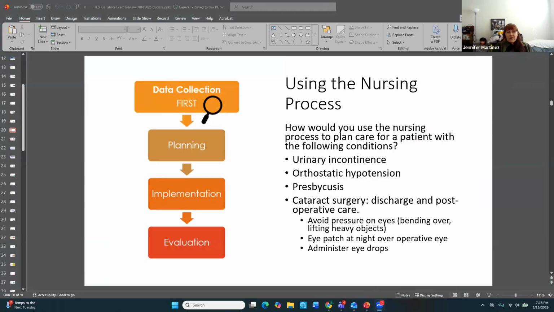So using the nursing process, right? Again, ADPIE, how would you use the nursing process to care for a patient with the following conditions? So for urinary incontinence, what are some things that we can do for our clients that are incontinent of urine using the nursing process?